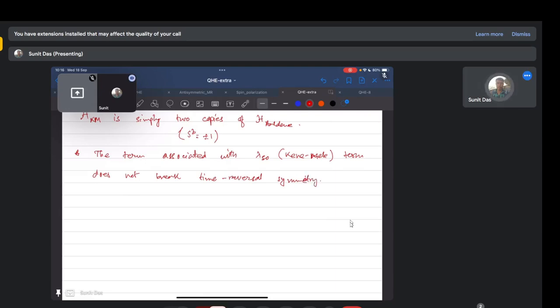So this also doesn't break parity symmetry. This can be easily proved.